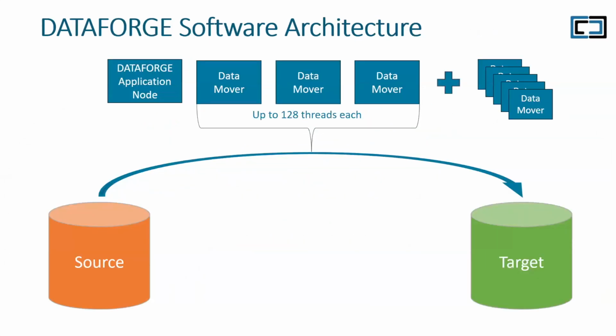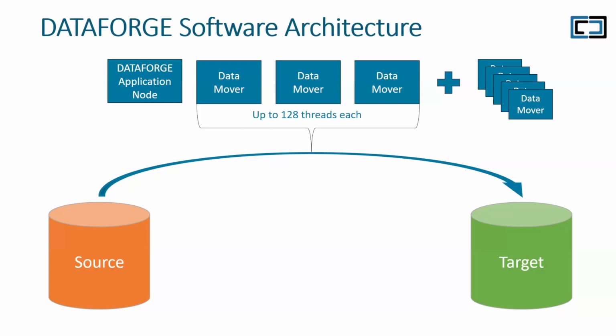Our DATAFORGE software is designed to both scale up and scale out, which means that once you deploy the software, it all runs in virtual infrastructure, you deploy the data movers. Each one can run up to 128 threads, and it's designed to really optimize the throughput of data from source to target.